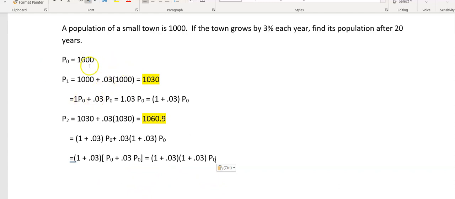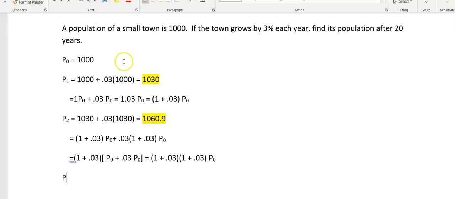This thing was 1 plus 0.03 to the first times p sub 0. This is really 1 plus 0.03, notice there's two of them, so to the second times p sub 0. As we get to p sub 3, it will be 1 plus 0.03 multiplied 3 times p sub 0. So keeping that in mind, let's write an nth formula.